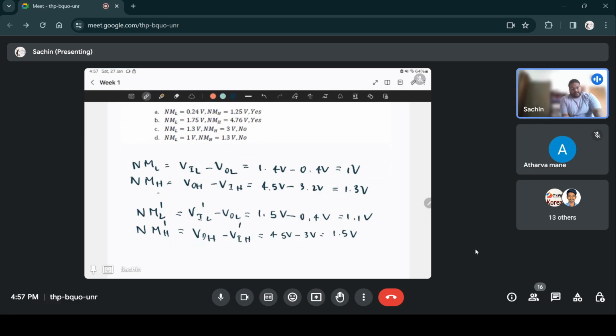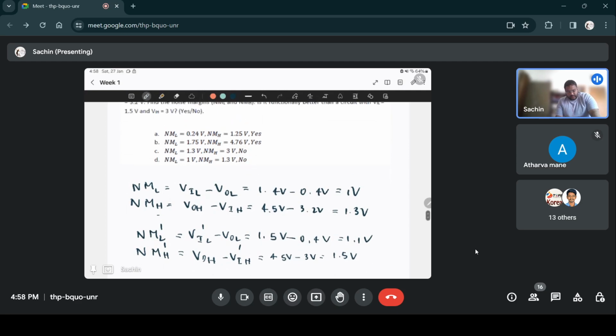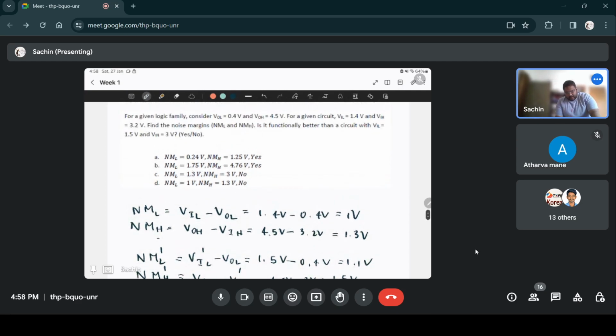So you can see that in the new circuit, the noise margins are larger. Noise margin low is 1.1, which is 0.1 volts more than the previous value, and noise margin high is 1.5, which is 0.2 volts more than the previous value. So this new circuit is actually better. So is the first circuit functionally better than a circuit with the new parameters?